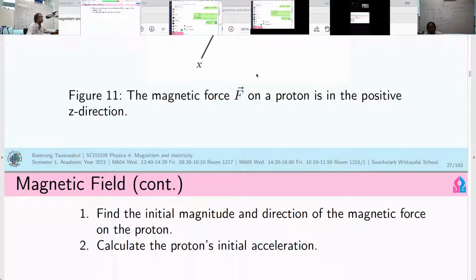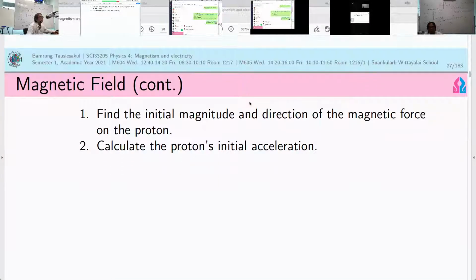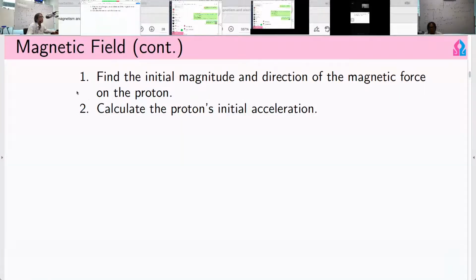Now let's move to the question of this example. Find the initial magnitude and direction of the magnetic force on the proton, and calculate the proton's initial acceleration. So we have to use the formula F equals MA, and then we move some variable to the other side, we get the expression of A, which is the acceleration.